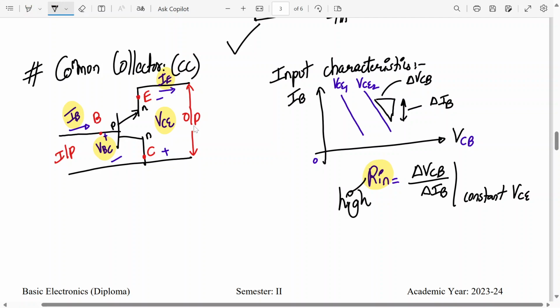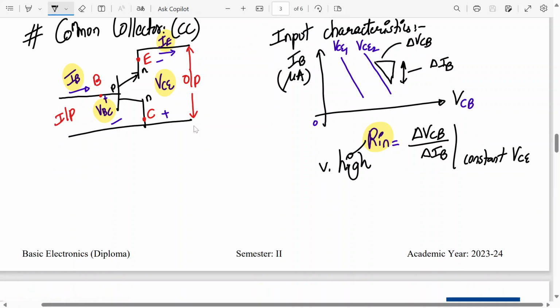Input resistance in common collector mode is very very high. That's one of the applications. It's used as a buffer mostly because of its high input impedance. Because in the denominator we have delta IB, and delta IB is in the microampere range. Alright.